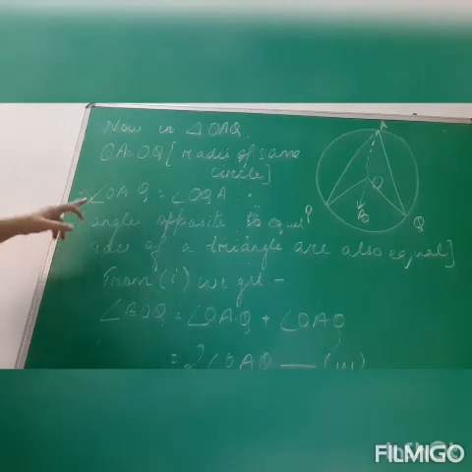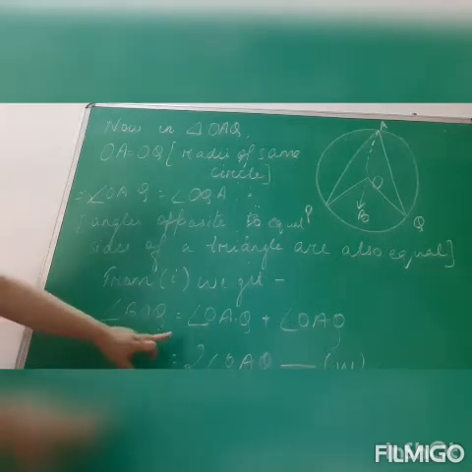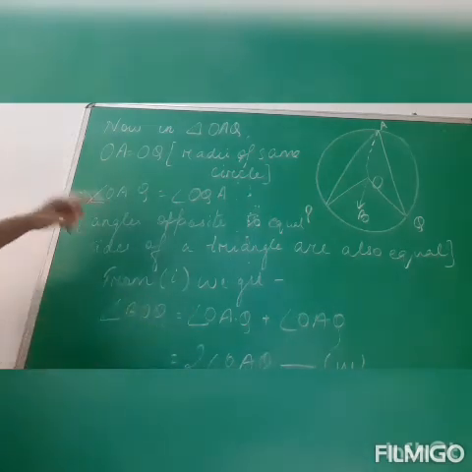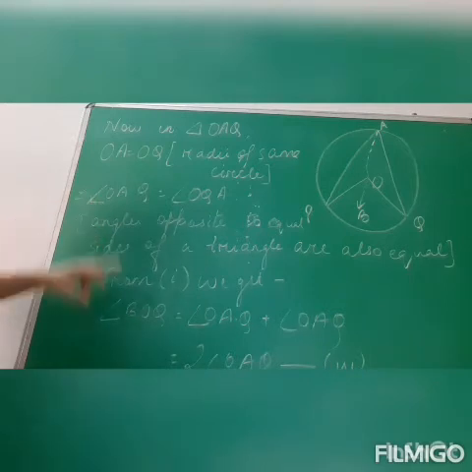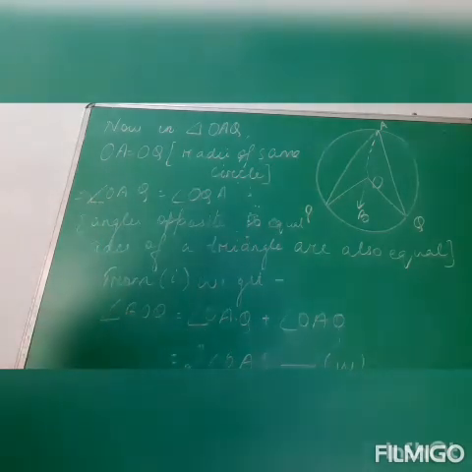Why? Because angles opposite to equal sides of a triangle are also equal. So from 1 we can write angle BOQ is equal to angle OAQ plus angle OAQ. In place of OQA, I have written OAQ. So I get twice angle OAQ, which I keep as equation number 3.